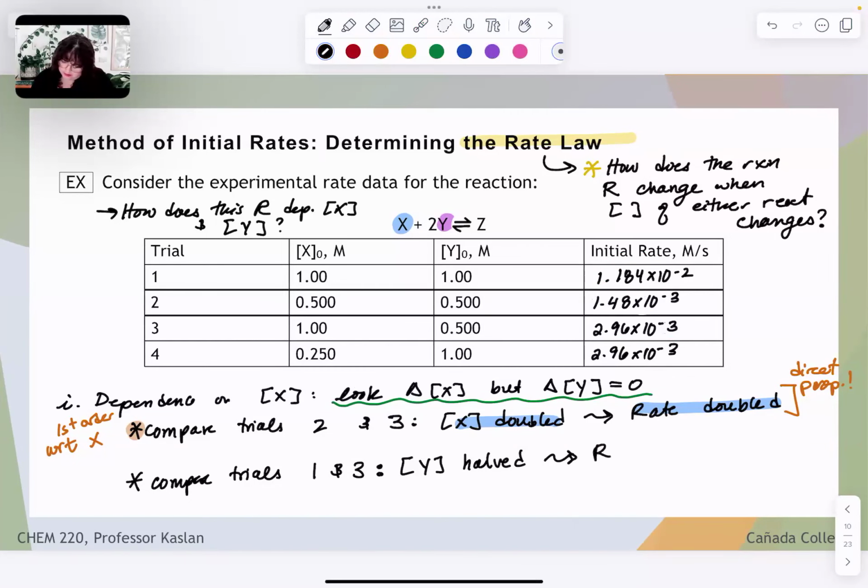This means that the rate decreased by 75%, or the rate was cut into fourths, if you want to think about it that way.